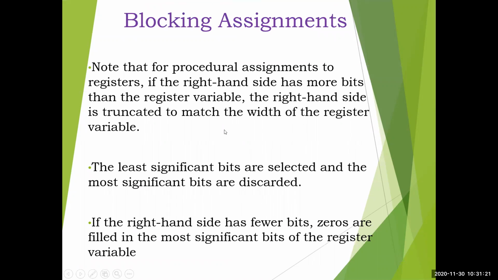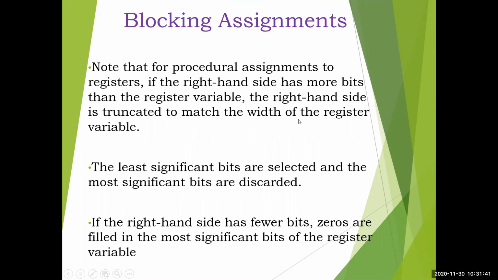Note that for procedural assignments to registers, if the right hand side has more bits than the register variable, the right hand side is truncated to match the width of the register variable. For example, on the left side we have taken 4 bits. If the right side has a 5-bit width, when you assign it, the right hand side value may be truncated.